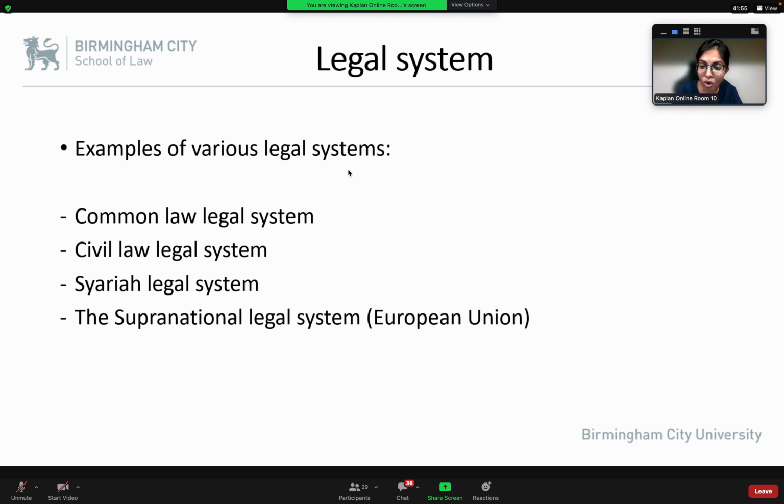So whatever laws enacted by Parliament is final. Okay, the laws can all be found in written form, which means either in statutes or codes. So there's clarity here. So it is very, very different from the common law system.